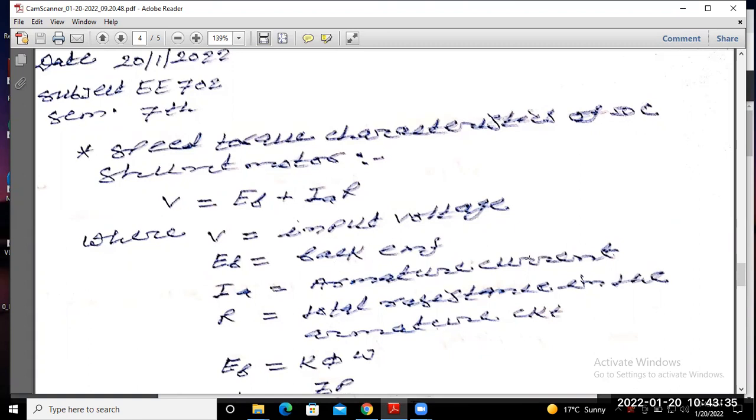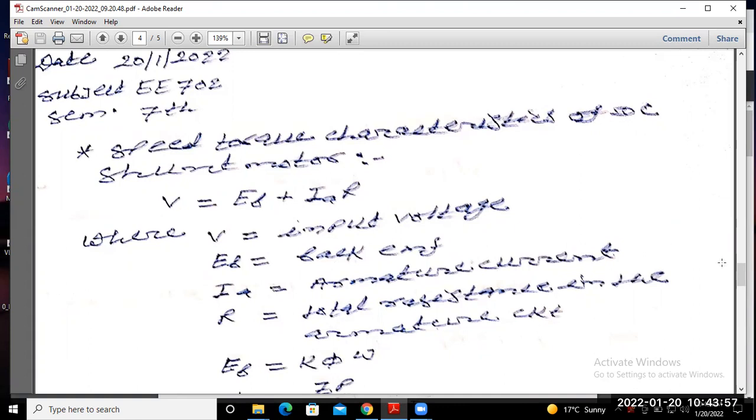As we know, the back EMF induced in the shunt motor is denoted by Eb equal to K phi omega, where K is the constant term of the machine, phi is the average flux per pole, and omega is the angular velocity in radian per second.